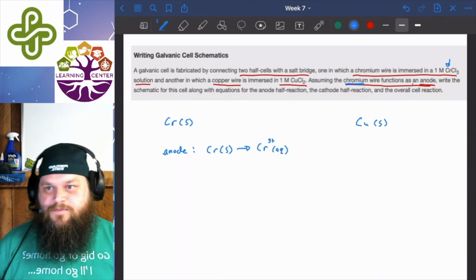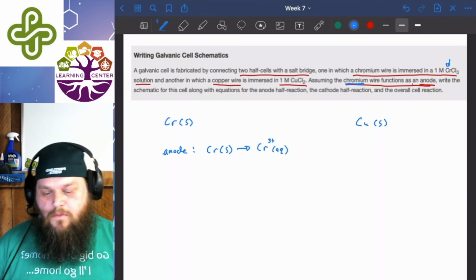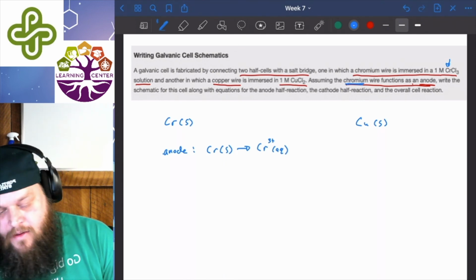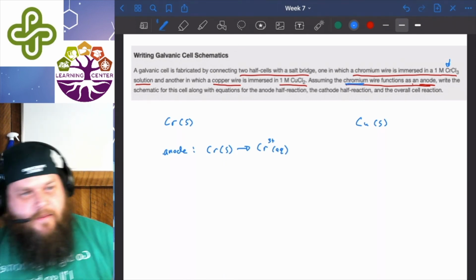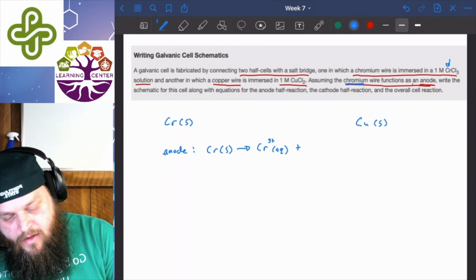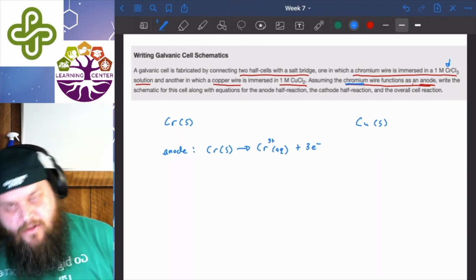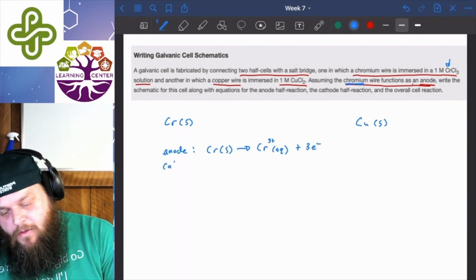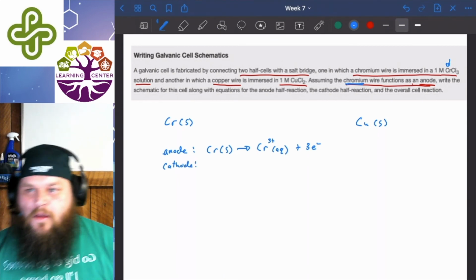Aqueous. We know that. And then, because of that 3+ to balance the electrons, we can add to that 3 negatively charged electrons. We know the cathode, in this case, is going to be the copper 2+.